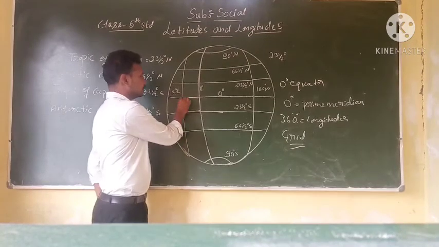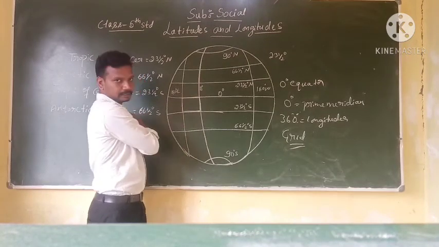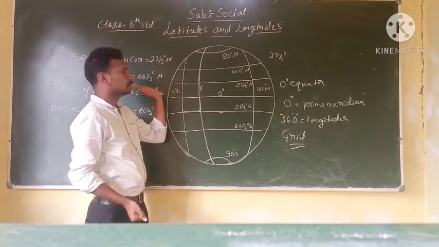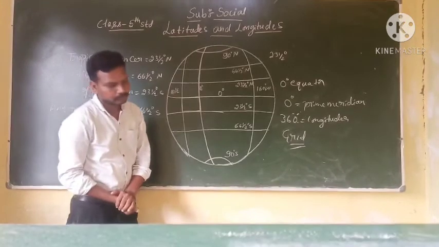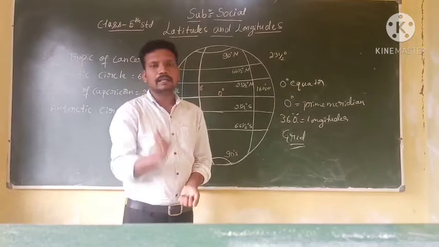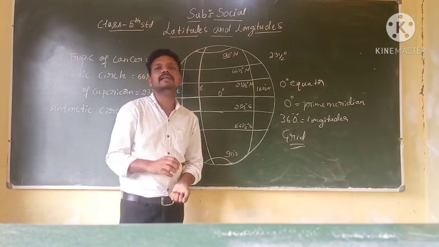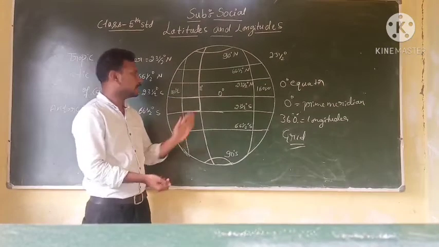So if we know the exact longitude and latitude, we can easily locate a place on the earth.